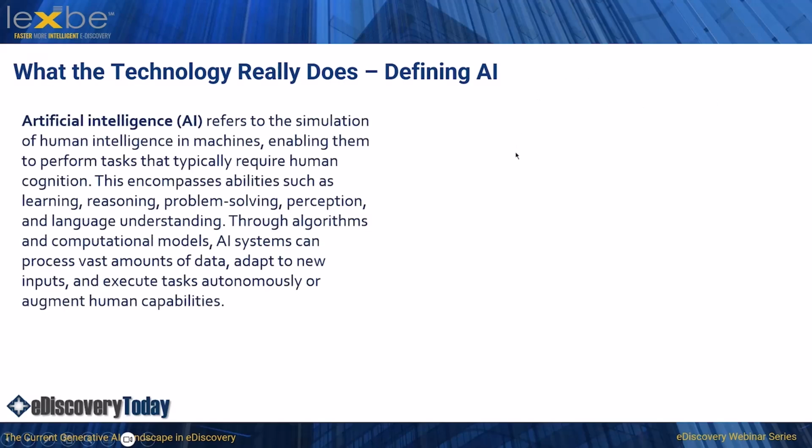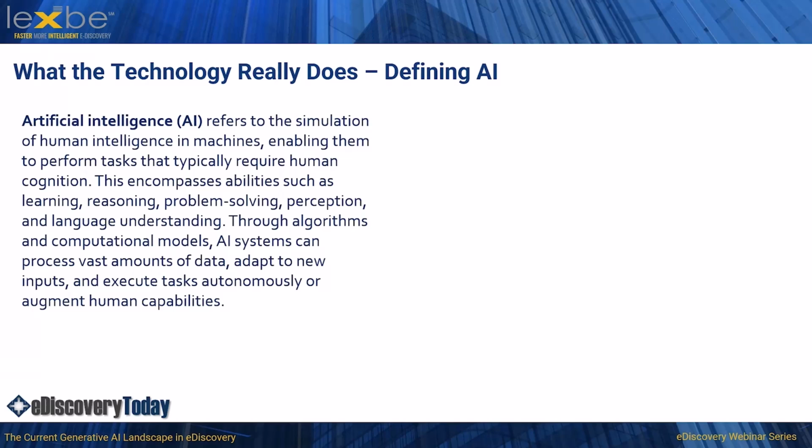AI refers to the simulation of human intelligence in machines, enabling them to perform tasks that typically require human cognition. This encompasses abilities such as learning, reasoning, problem solving, perception, and language understanding. Through algorithms and computational models, AI systems can process vast amounts of data, adapt to new inputs, and execute tasks autonomously or augment human capabilities.